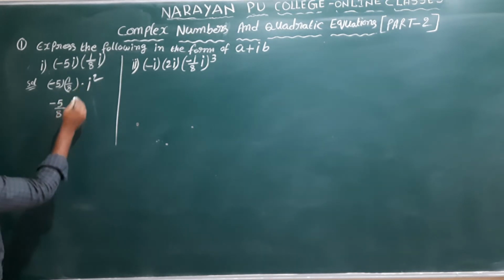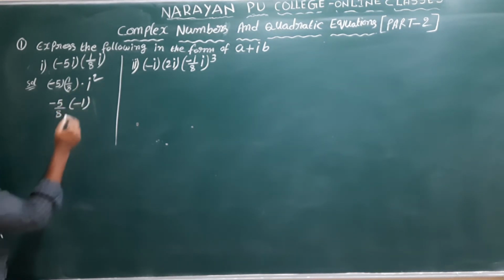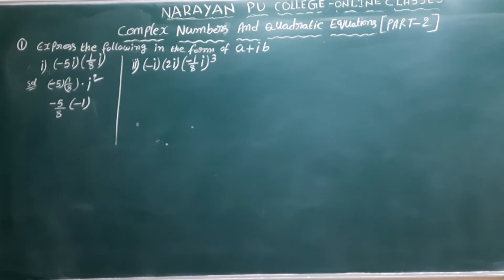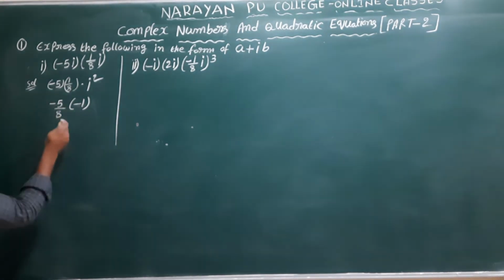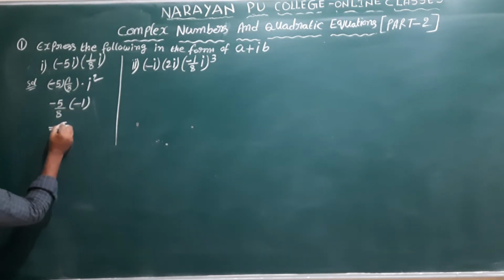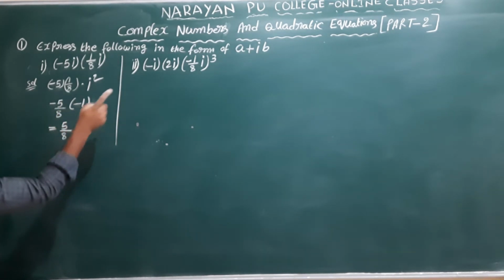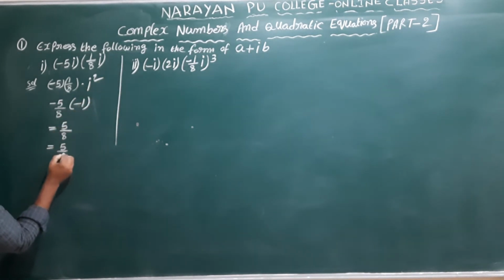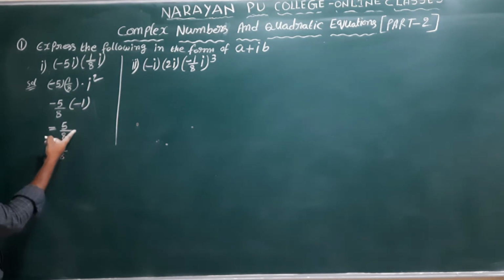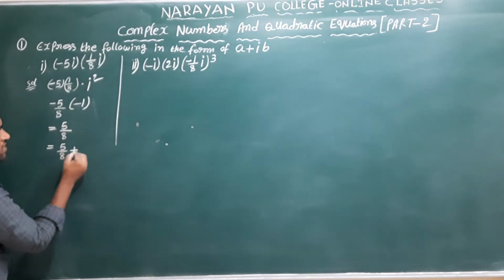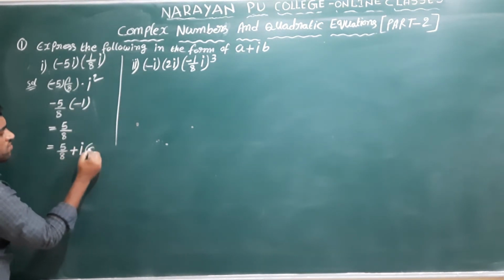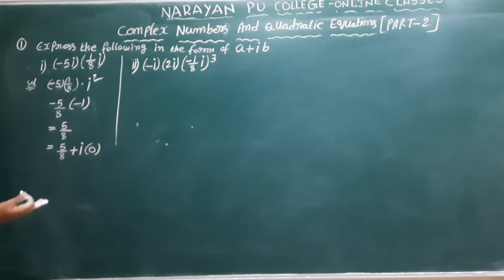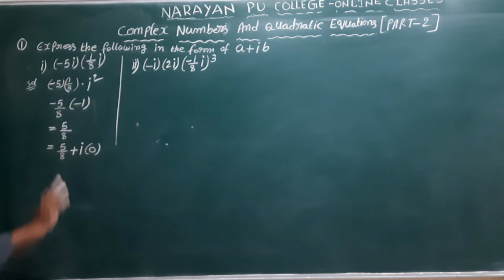We already know i square value is minus 1, since root minus 1 equals i and i square is minus 1. Now minus 1 into minus 5 by 8 gives plus 5 by 8. But he is asking to write in the form of a plus ib. 5 by 8 is the real part. Is there any imaginary part here? No, but even so we can write i into 0, which is 0. He is asking for the a plus ib form.